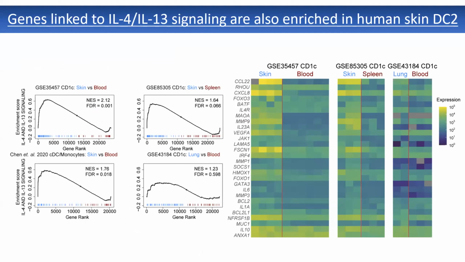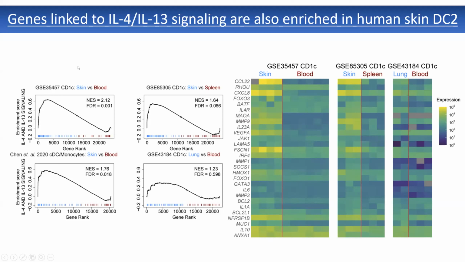Going beyond the mouse observations, we also asked ourselves if similar populations of dendritic cells would also exist in the skin of humans. And so we data mined several publications which had looked at healthy individuals and had phenotyped dendritic cells within the skin or other tissues from the same patient.